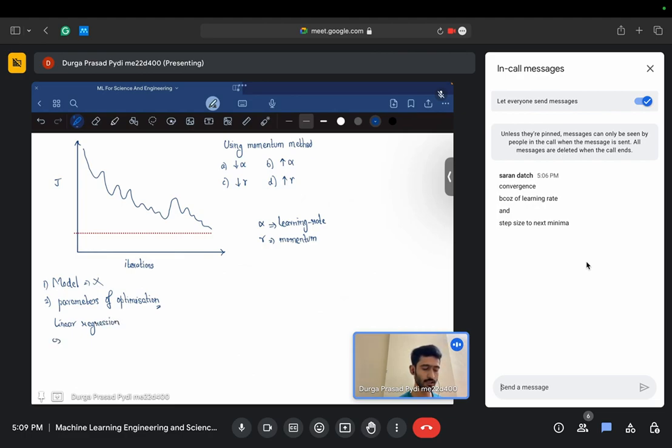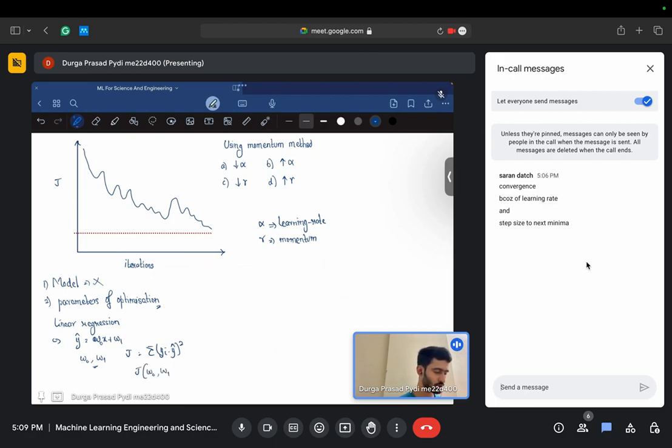What are the parameters in linear regression? So if my model is y hat equal to w0 x plus w1, then my parameters are w0 and w1. If my objective function is, say I am still using the mean square error as my objective function, then what I would require here is J as a function of w0 and w1.